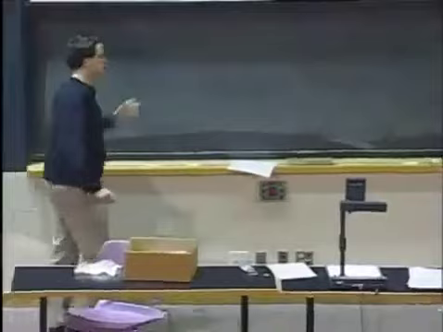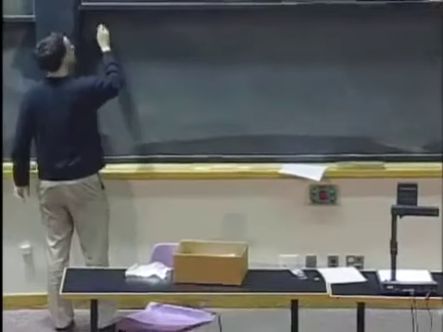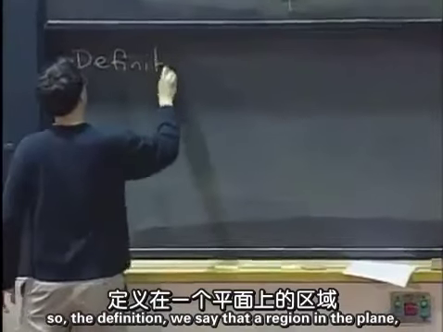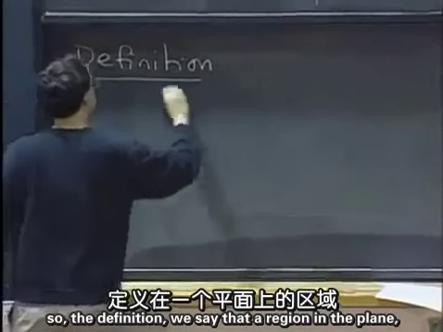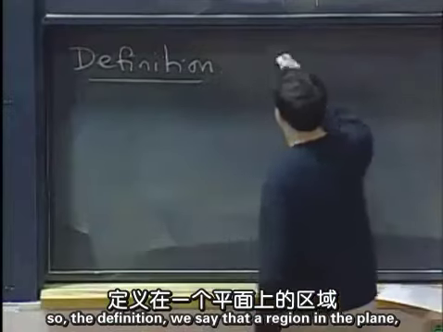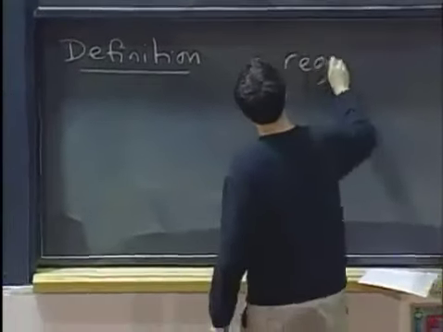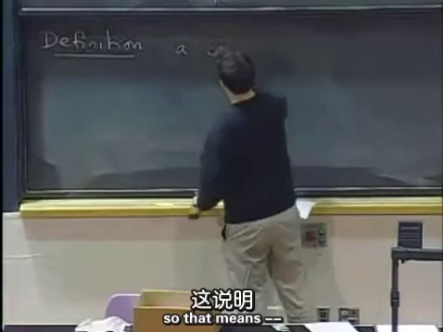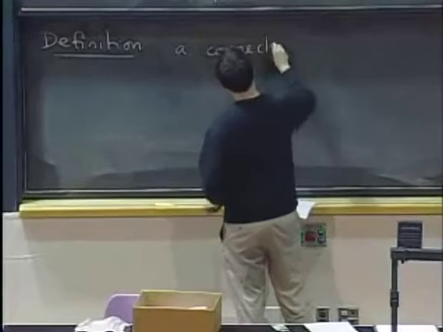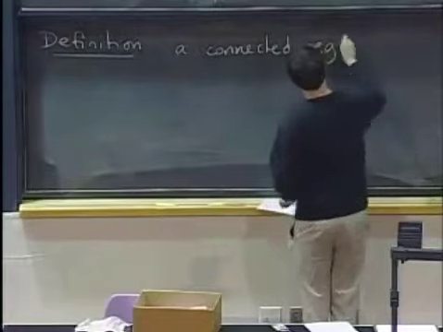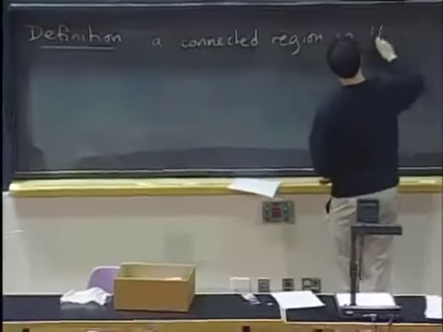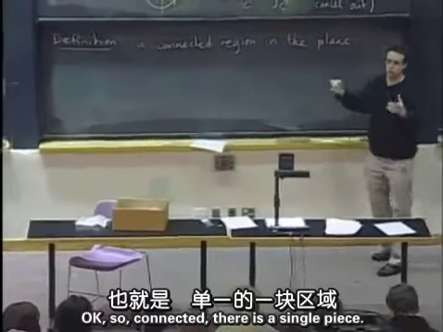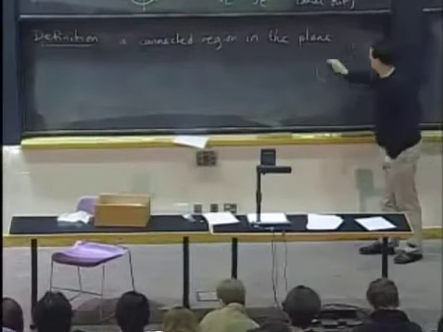Okay, and a last cultural note. So a definition. We say that a region in the plane, I should say a connected region in the plane, so that means connected means it consists of a single piece. Okay, so connected, there's a single piece.